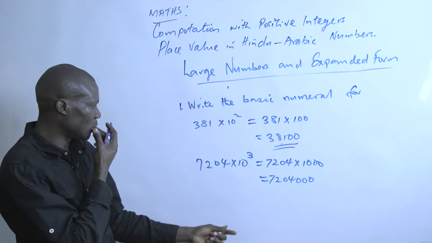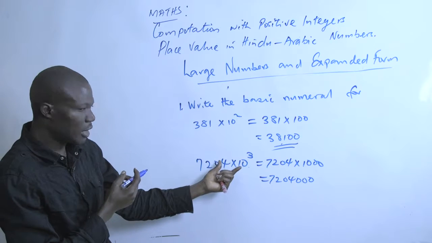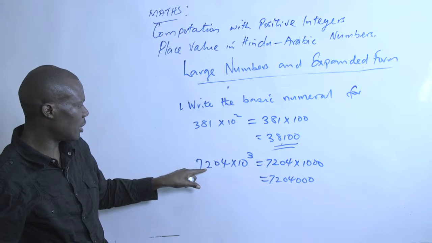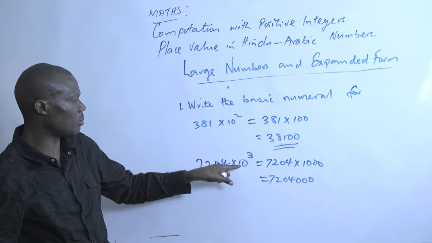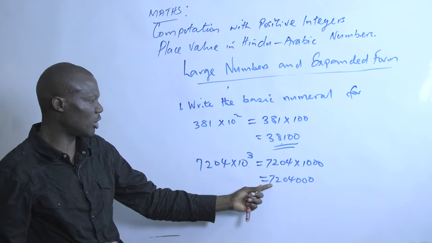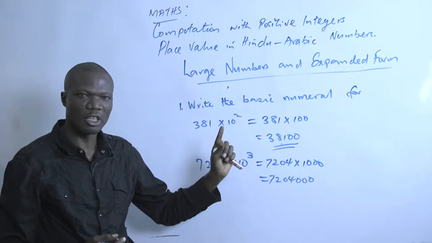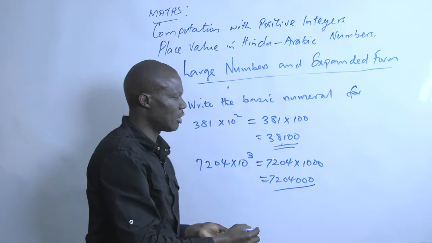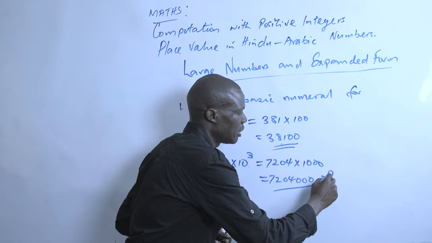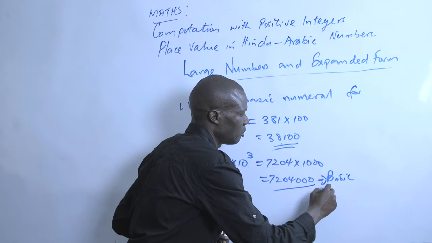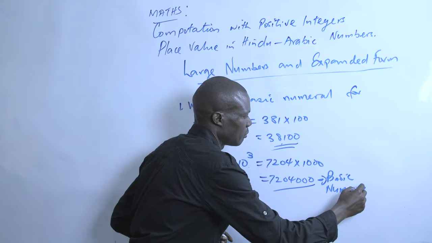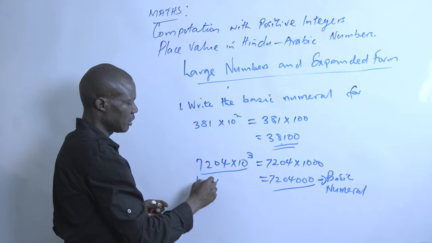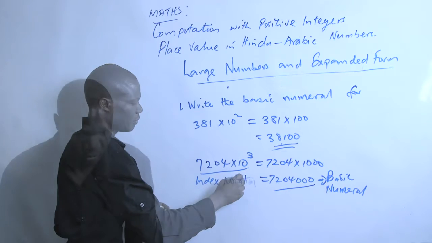So we have been able to change the index notation 7,204 times 10 to the power 3 to 7,204,000. So this is what we call the basic numeral, while this one here is the index notation.